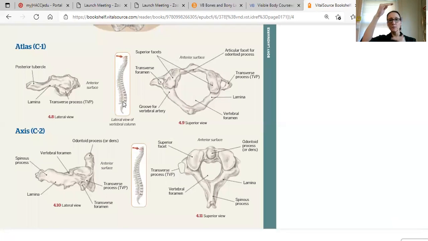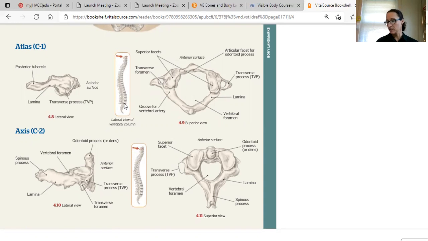We need a little bit of a snake shape to it so that we have some give, first of all. And second, so that you have balance on one side and the other. It's kind of a little like a spring in that way. Okay. So those are the curves of the spine, and you do need to know those. So if you want to highlight that on page 174, be my guest.